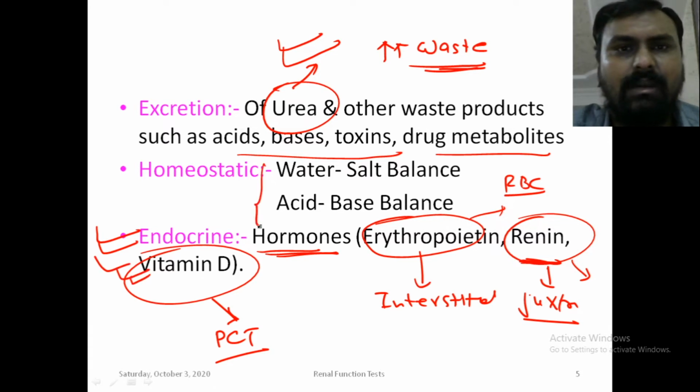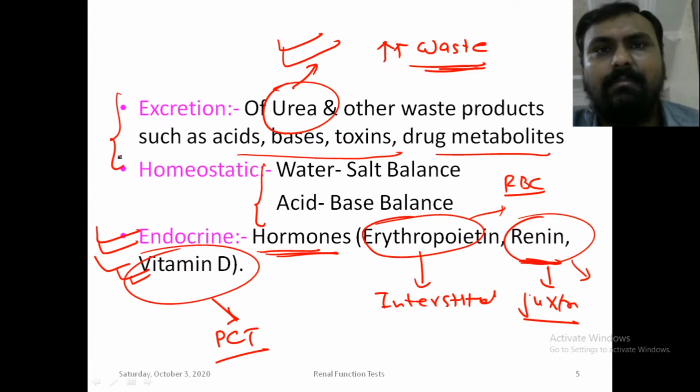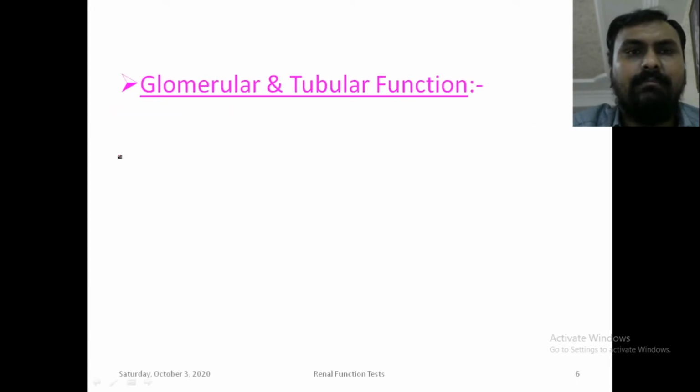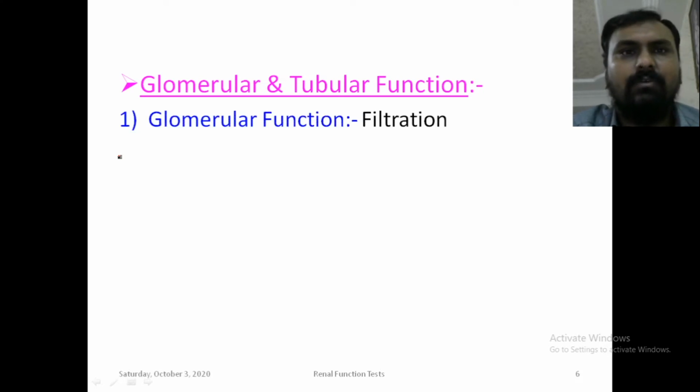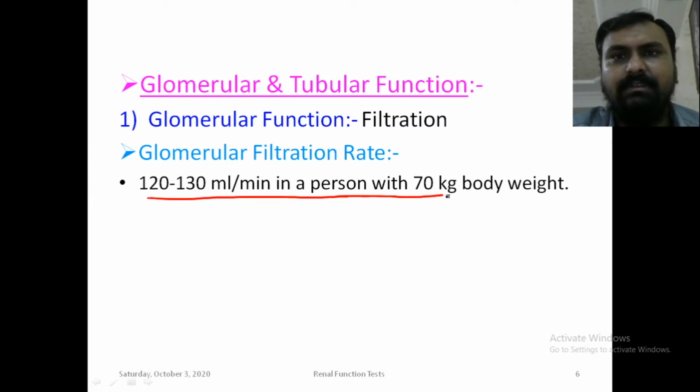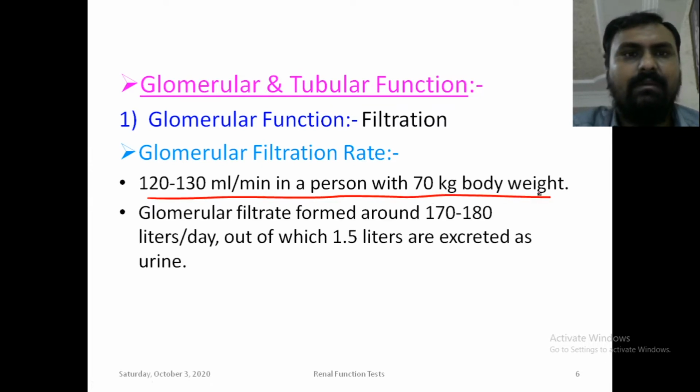So water-electrolyte balance, acid-base balance, and excretion of waste products, toxins, drug metabolites, urea, and creatinine are all done via the kidney. A very important function is glomerular and tubular function. Glomerular function is filtration. The glomerular filtration rate is around 120 to 130 ml per minute in a person with 70 kg body weight.